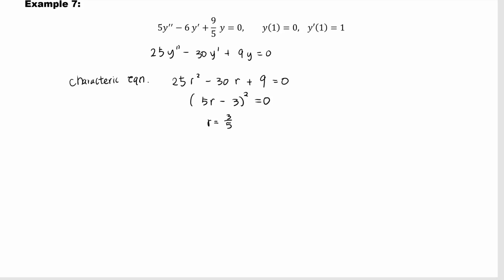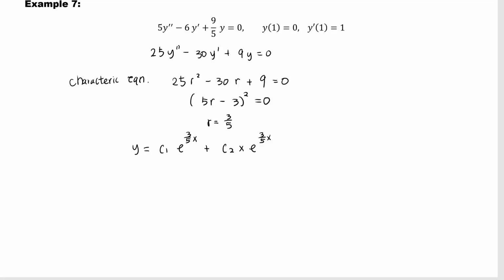After you get the repeated roots, our solution is just C1 e to the 3 over 5x plus C2 x e to the 3 over 5x.